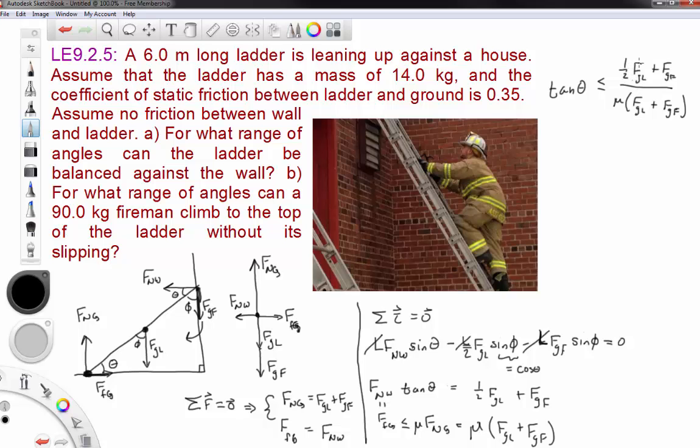Notice that there's a factor of 1/2 multiplying just this term here. That's not down here, so we can't be canceling numerator and denominator.